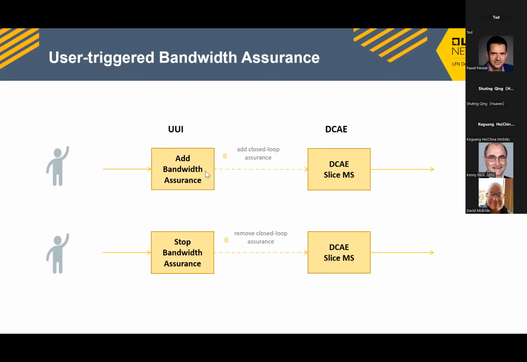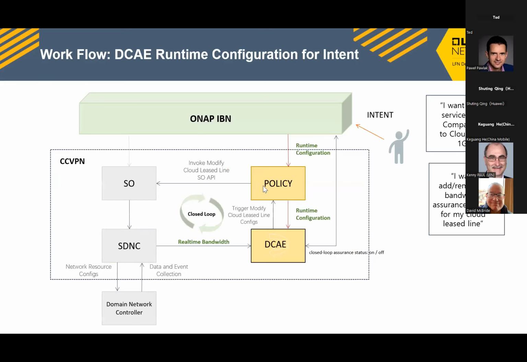And then we have to distribute this machine intent to DCAE, because the flag used to control the closed loop to control the bandwidth assurance is set in the DCAE component. So what we have to handle is the runtime configuration. The closed loop assurance flag can be transmitted to here. So what we did is to utilize the policy component.